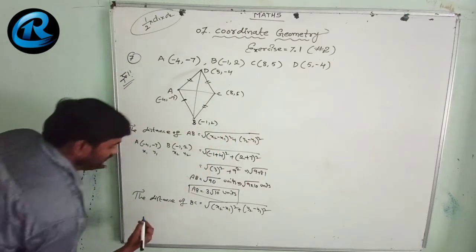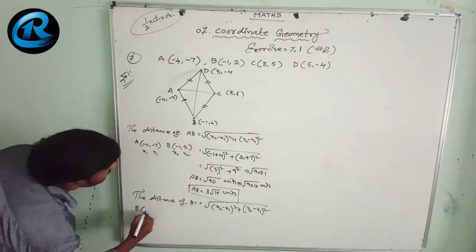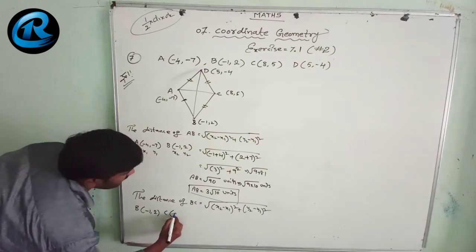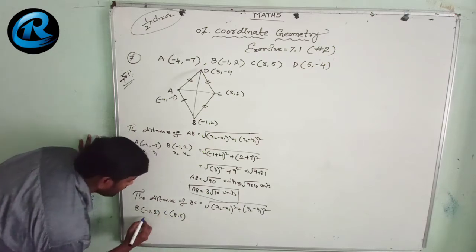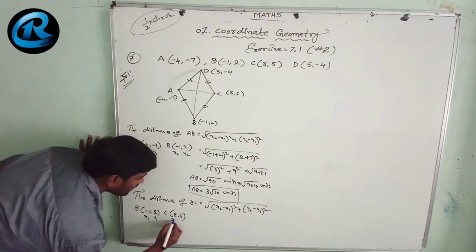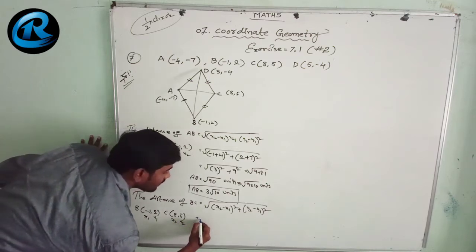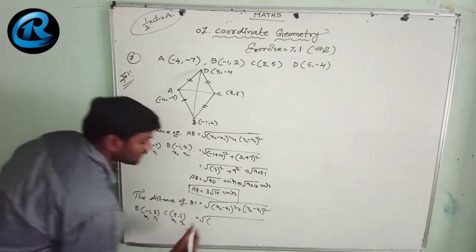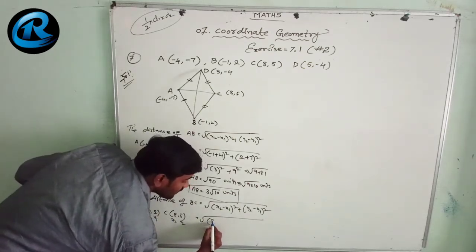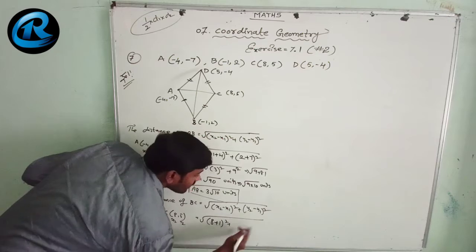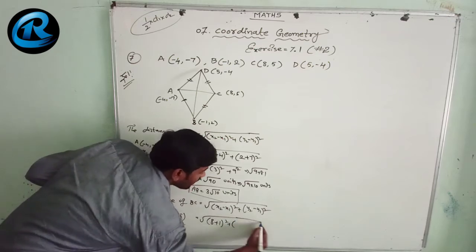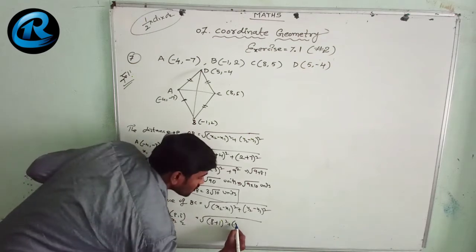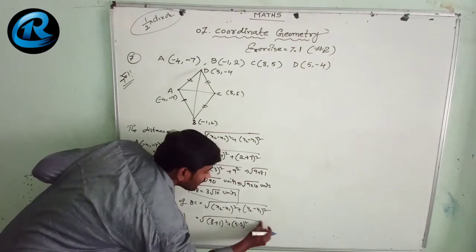B and C points: here B point is minus 1 comma 2 and C point is 8 comma 5. Here it is x1, y1, x2, y2. Let us substitute: x2 minus x1 is 8 minus of minus 1, so 8 plus 1 whole square, plus y2 minus y1, so 5 minus 2 whole square.